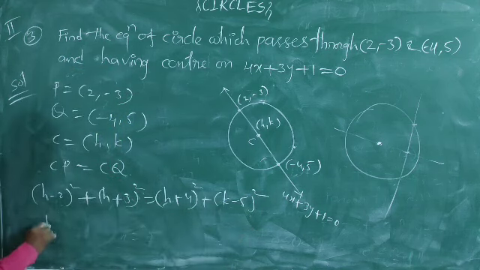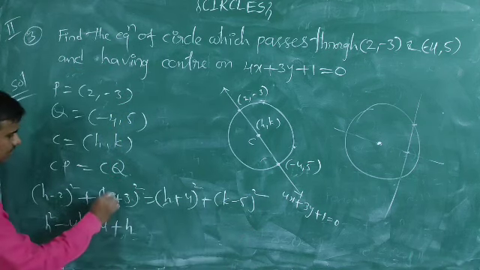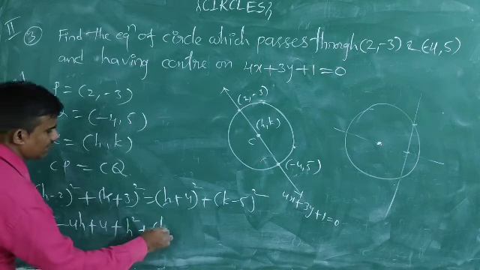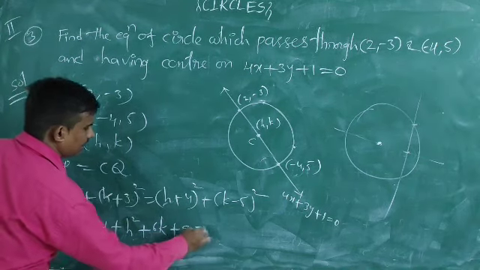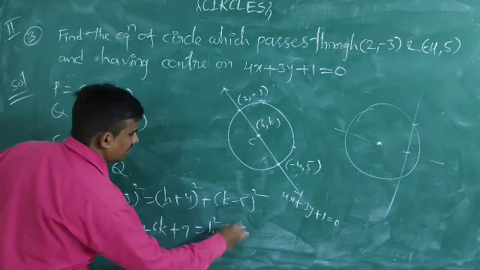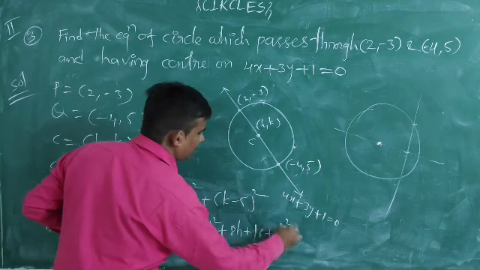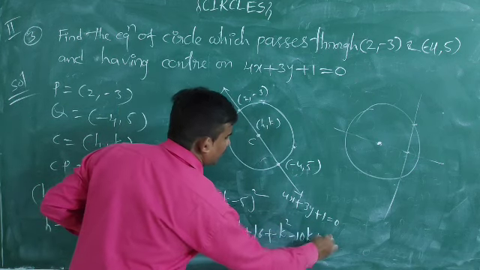By expanding it, we get h square minus 4h plus 4 plus k square plus 6k plus 9 equal to h square plus 8h plus 16 plus k square minus 10k plus 25.